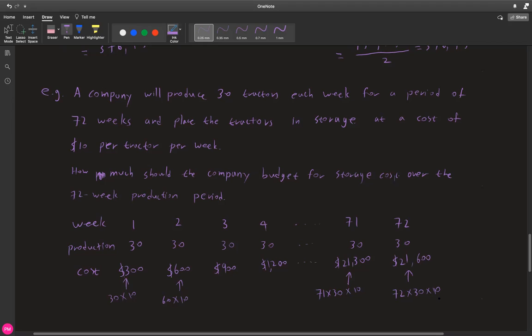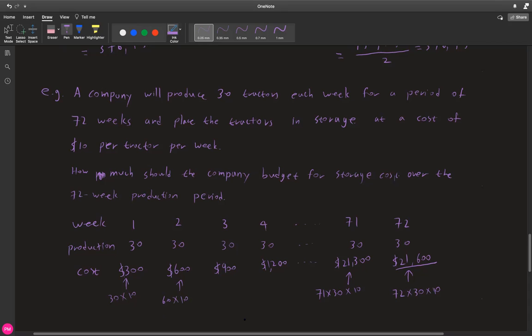So here is the catch. A lot of the students will stop here and think that this is the answer. It is not the answer. So you should really understand this table, because in the table, $300 is how much you spent on week 1. $600 is how much you spent on week 2. So by the end of the second week, you actually have spent $900 altogether.